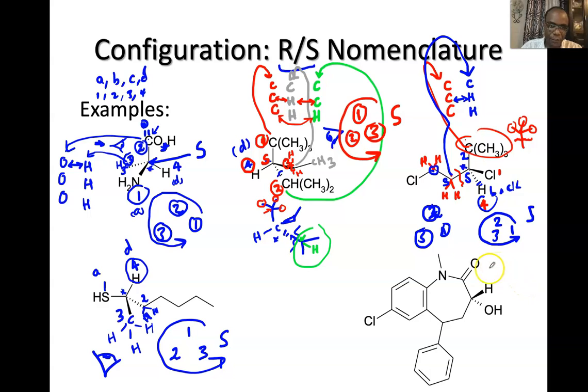All right, so if I'm to assign the chirality on this carbon here, oxygen has atomic number 8, so it gets priority 1, hydrogen gets priority 4. And then this carbon has 2 hydrogens, so it's least substituted. Okay, so we'll give it a 3.